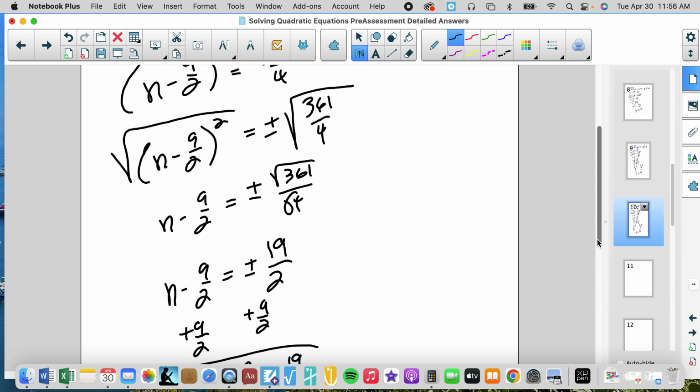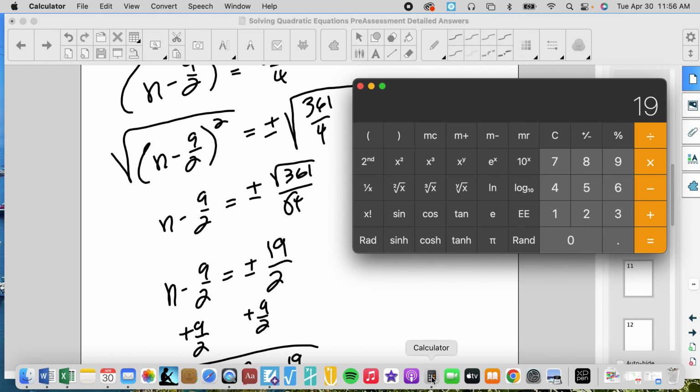Math teachers and math programs like to give you things that you're not completely familiar with. 144, easy. 36, easy. 361, well, that's crazy. 361. 361 divided by 9.